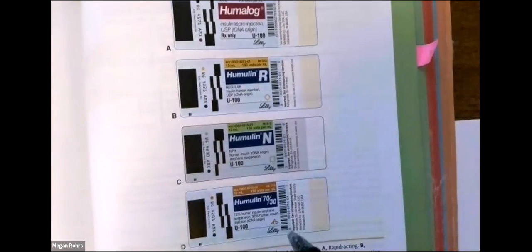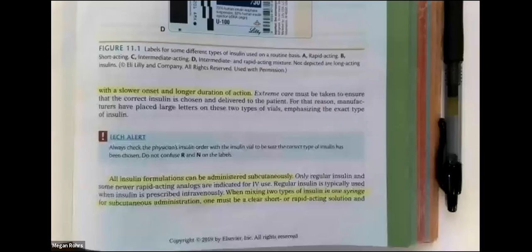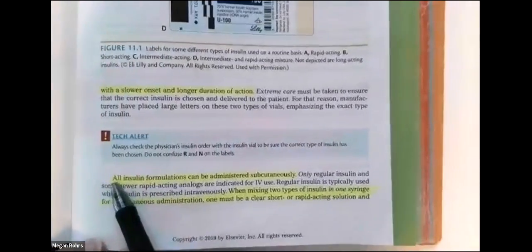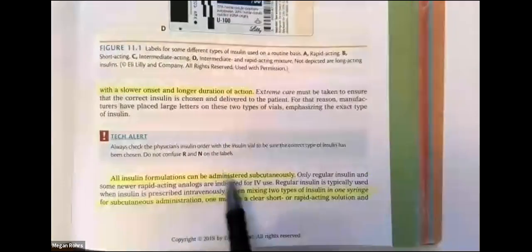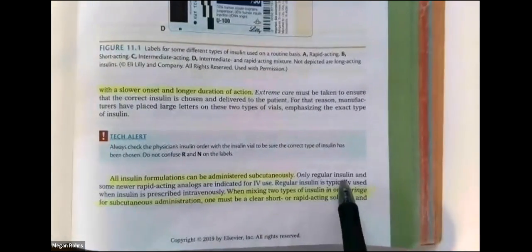You can see that these Humulin labels especially look very similar. We can see how easy it would be to pull the wrong drug, which is why reading those labels is very important.